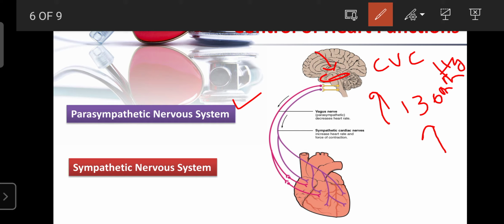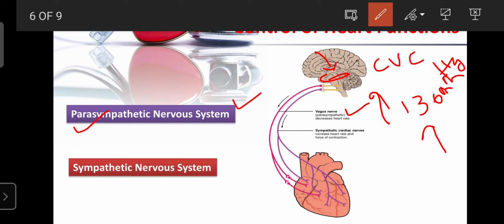So in the case of increased blood pressure, the cardiovascular center activates the parasympathetic nervous system. It means it activates the vagus nerve, which is innervated into the myocardium. It originates from the brain and is supplied to the different parts of the myocardium.